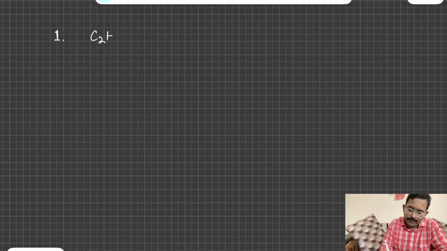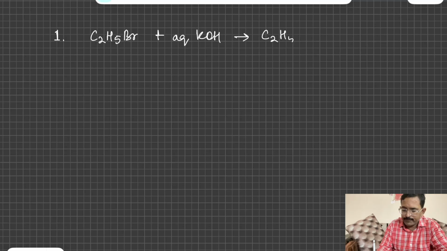Moving to the next set of reactions, which are not in the same sense but very important. What happens when aqueous KOH attacks C2H5Br?